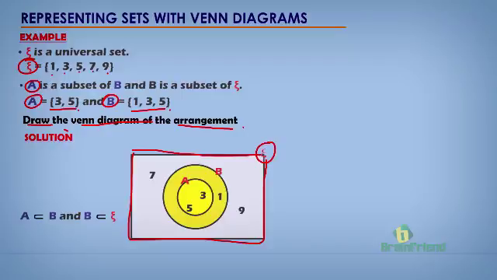First, if we notice, we'll find that the elements of A are 3 and 5, while the elements of B are 1, 3, and 5.